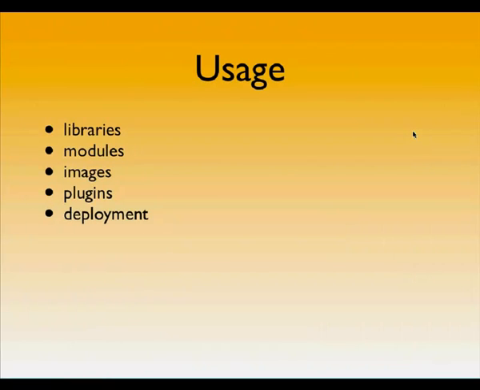Basic usage for PHARs is that if you have custom libraries, you want to contain them, version them. Maybe you have some modules for a framework or for an application that you've built. You can have them deployed in a PHAR. If you're using a lot of images with your application, I'm not talking about nice pictures that people upload, but interface images, you can include those in your PHAR.